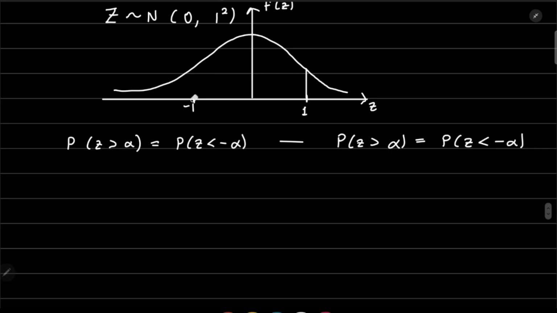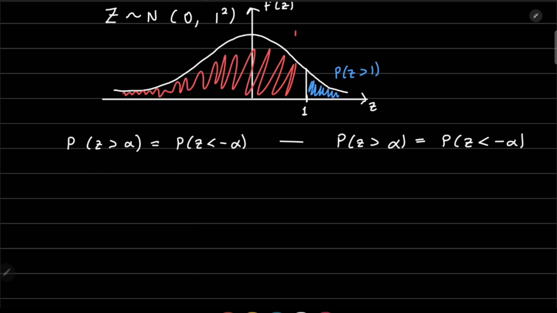Now another observation, for this I need one value only. This blue area, which is the probability of z greater than 1, and this red area, which is the probability of z less than 1, if I add them up, this will be 1. So if I know either of them, I can find the other one.